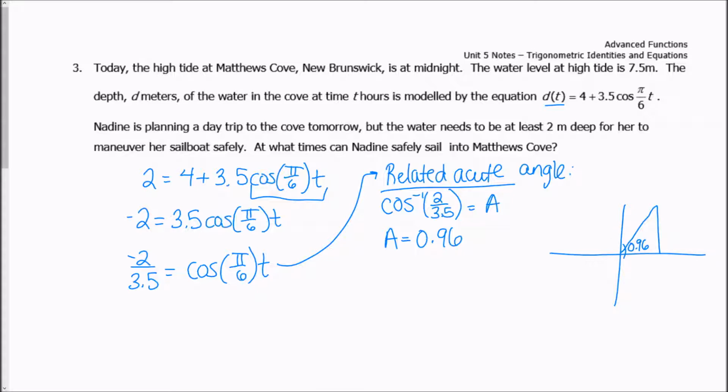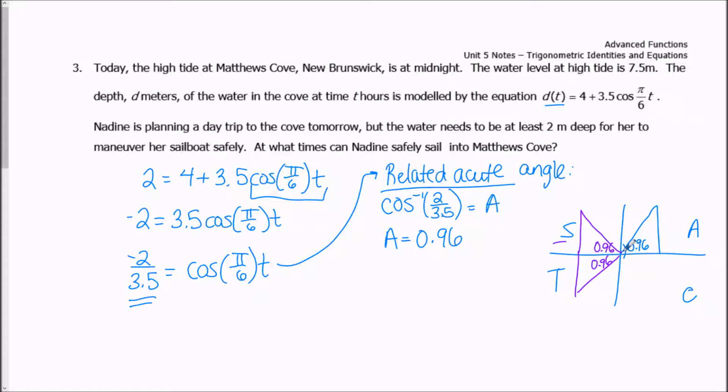But using the CAST rule, we need cosine to be negative. So that means that we will have our resulting congruent triangles in quadrant 2 because cosine is negative there, and in quadrant 3 because cosine is negative there. And our related acute angles are still 0.96.